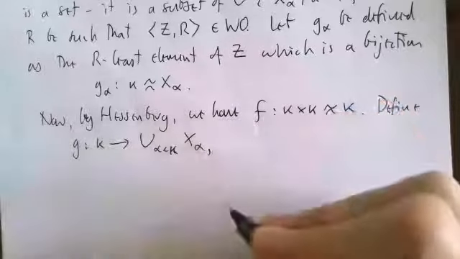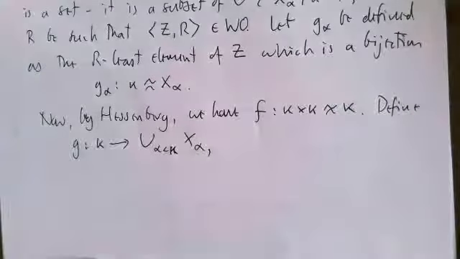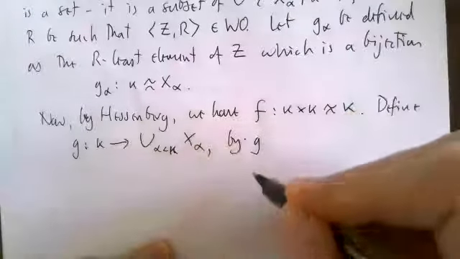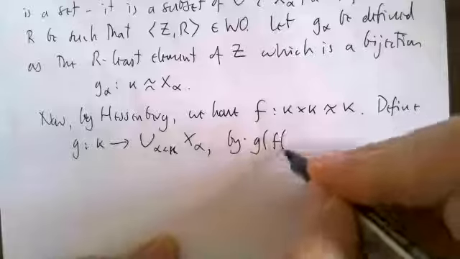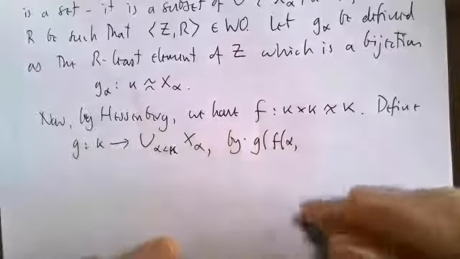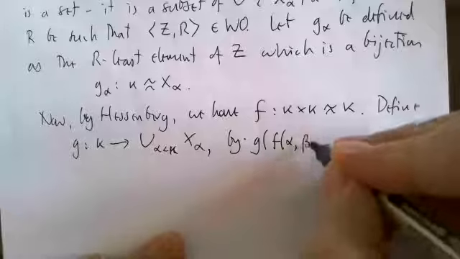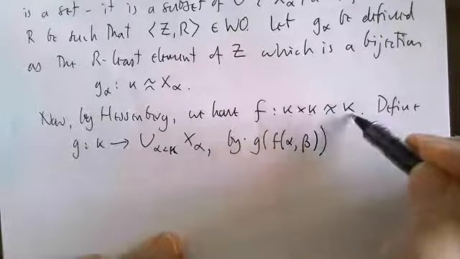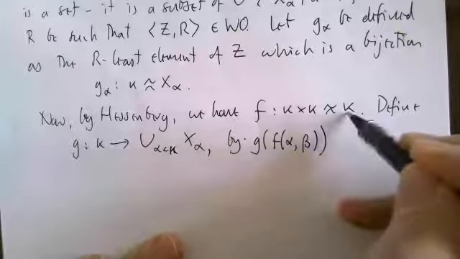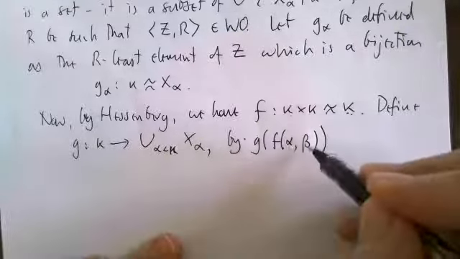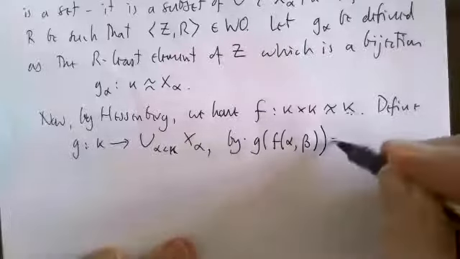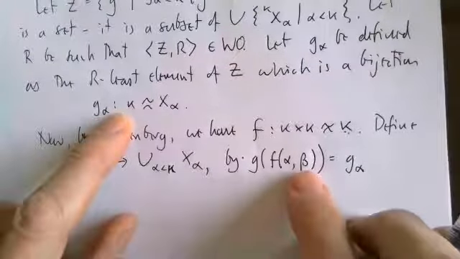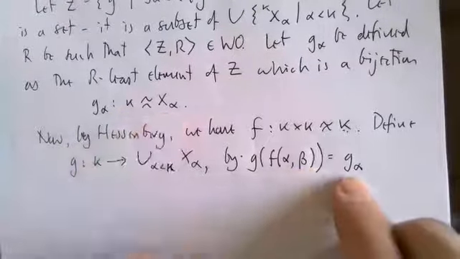And we do the same as we did before. What G will do, it will look at the pair alpha, beta, and assign to the ordinal that F assigns alpha and beta to, the beta-th thing in the enumeration of X alpha.